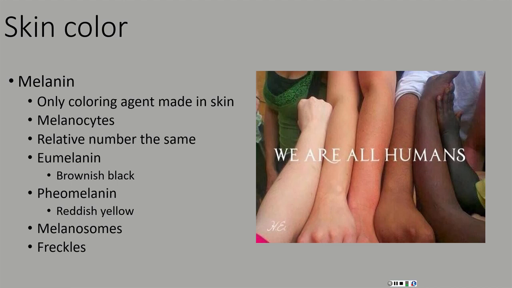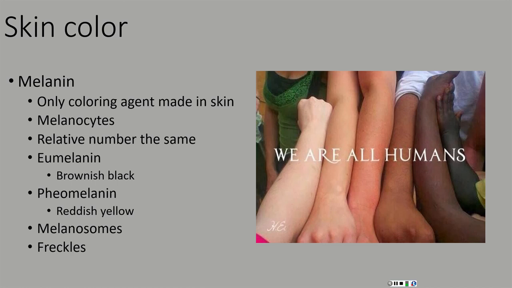So how does melanin work? Well, melanin is made by the melanocytes. It is a protein, it's a pigment, and as it's making this melanin, it builds up inside the melanocytes. And the melanocytes are branching structures.